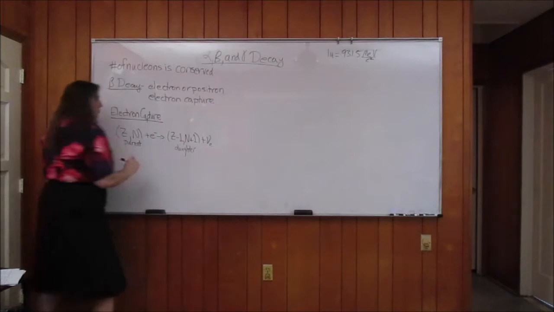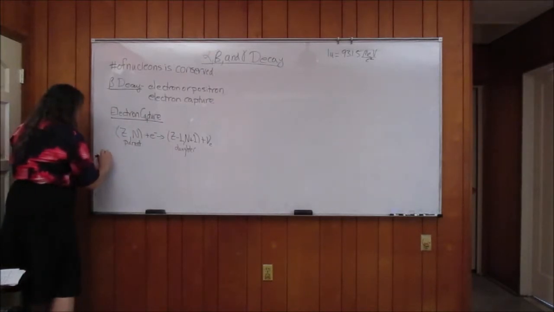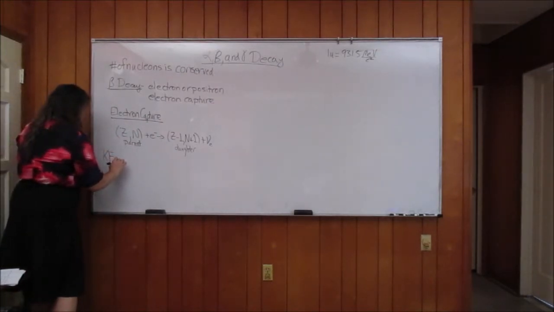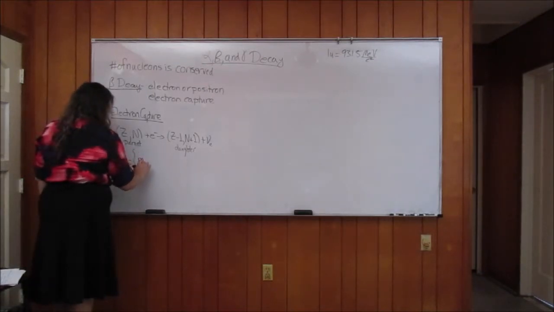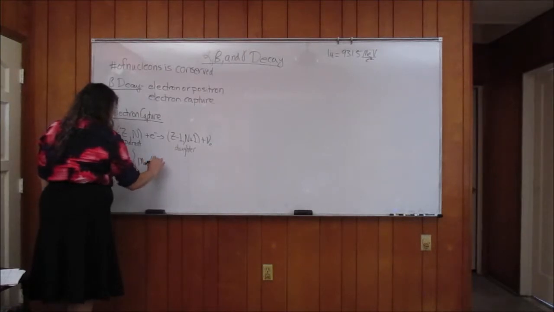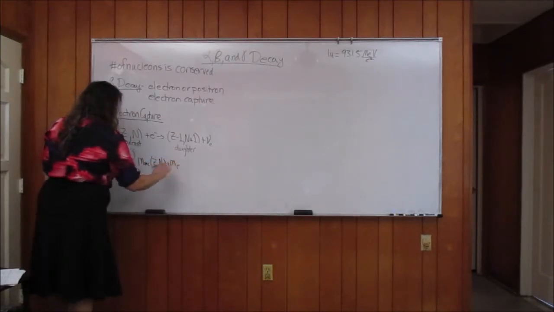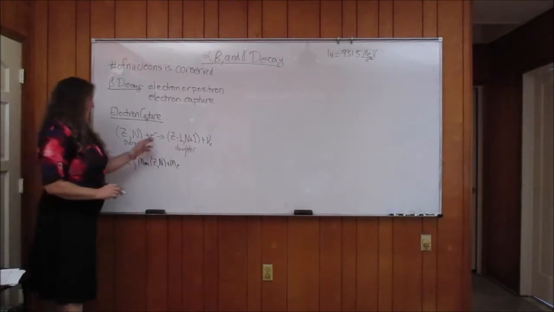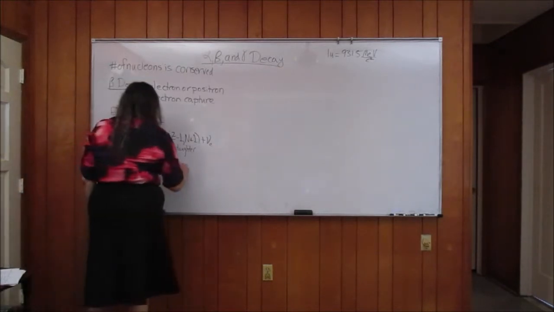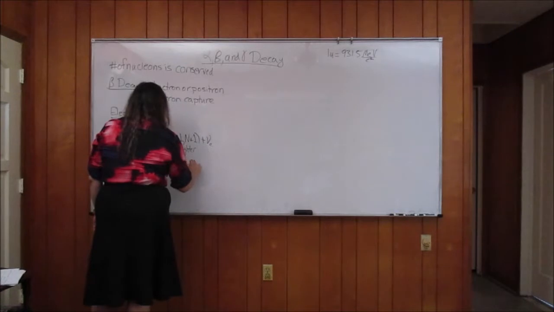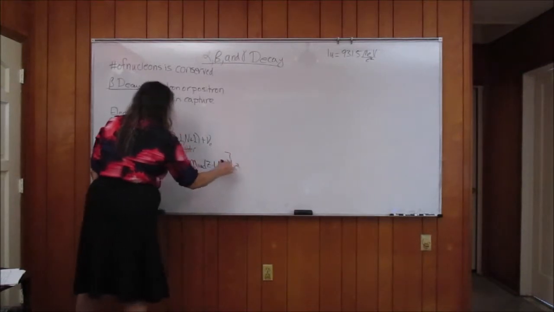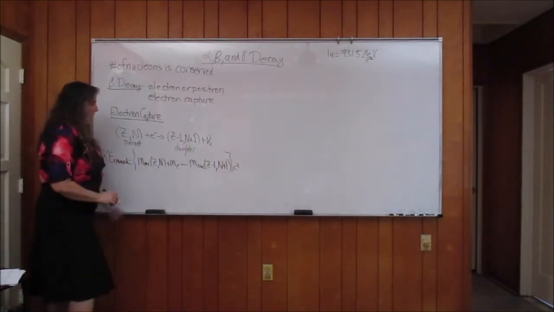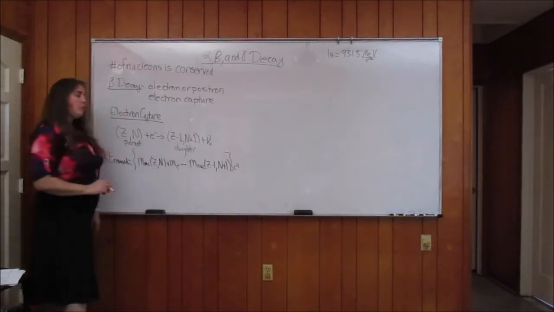So let's go ahead and do the math once more. Kinetic energy released is equal to the mass of the parent nucleus, plus the mass of the electron, minus the mass of the daughter nucleus, which has one less proton, one more neutron.